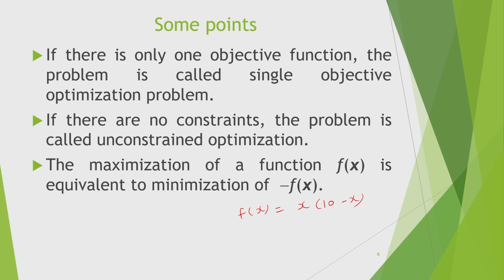So you can say that unconstrained optimization is a special case of the constrained optimization problem in which I put the constraints equal to 0. Maximization of a function f(x) is equivalent to minimization of minus f(x). That I have also told. Not only that, instead of minus f(x), if you don't want to put the minus, you can say 1 by f(x). That also can be done.